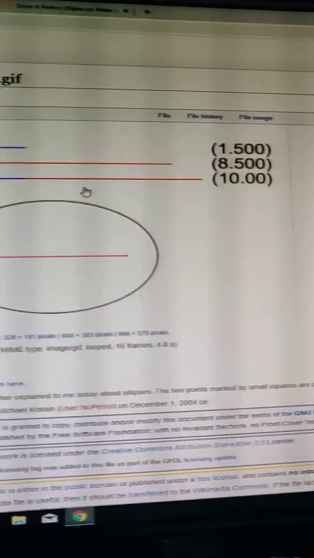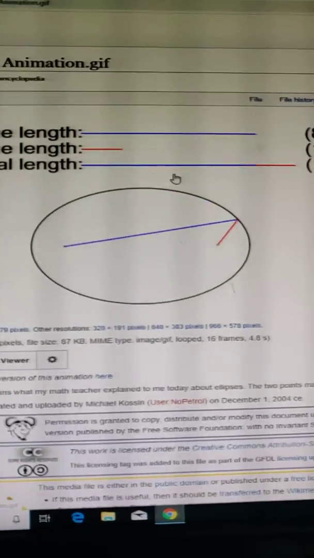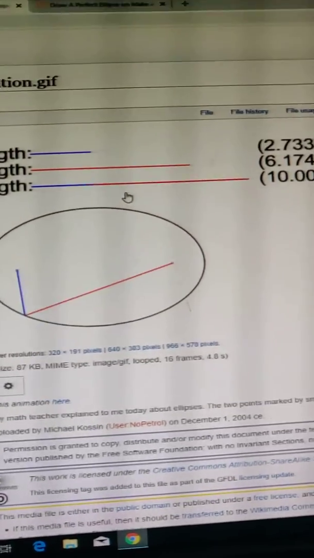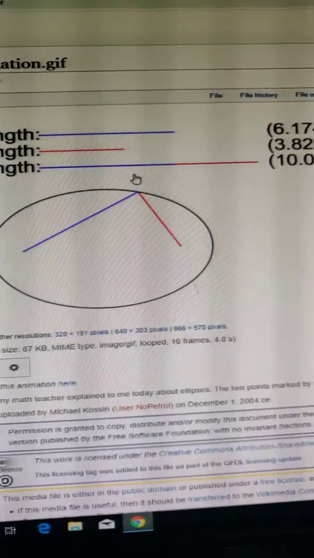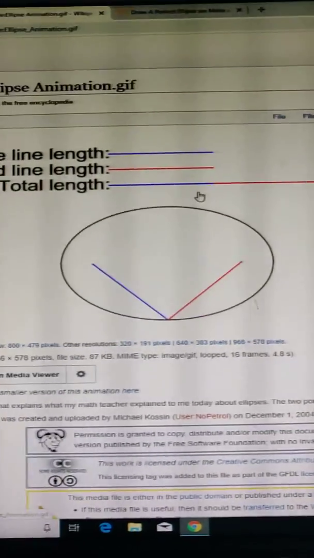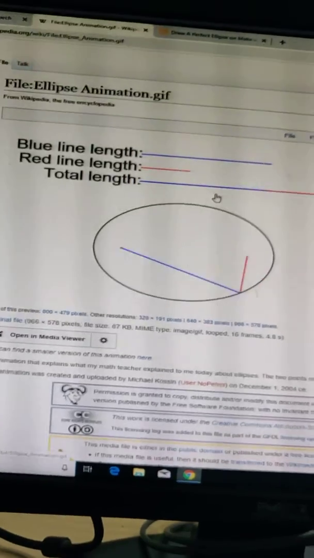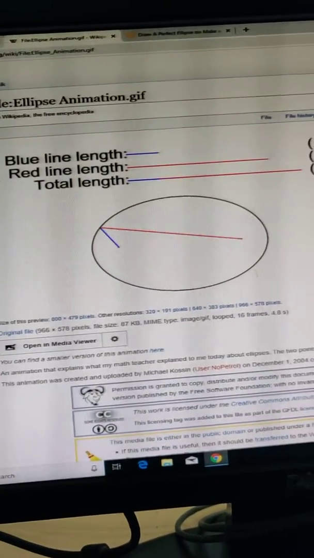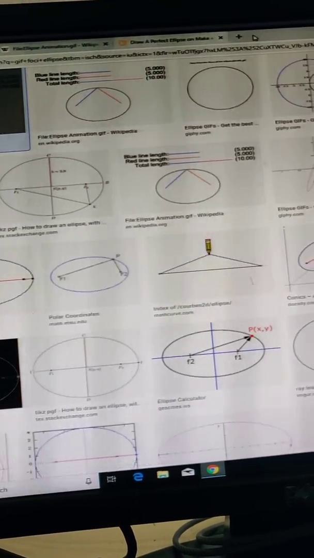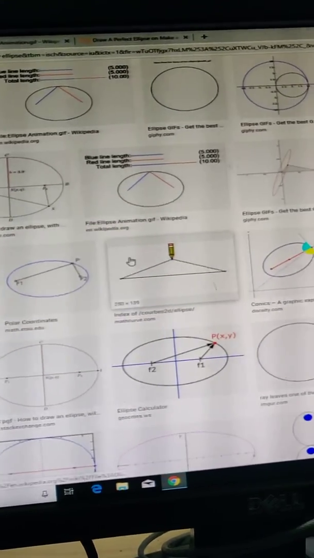So you can also say that's the point where I focus things up. We will use the same concept for parabola as well. Okay, so enough about foci. You can check it out. You can search for ellipse animation GIF or foci, something like this. Yeah, you can see a lot of things.